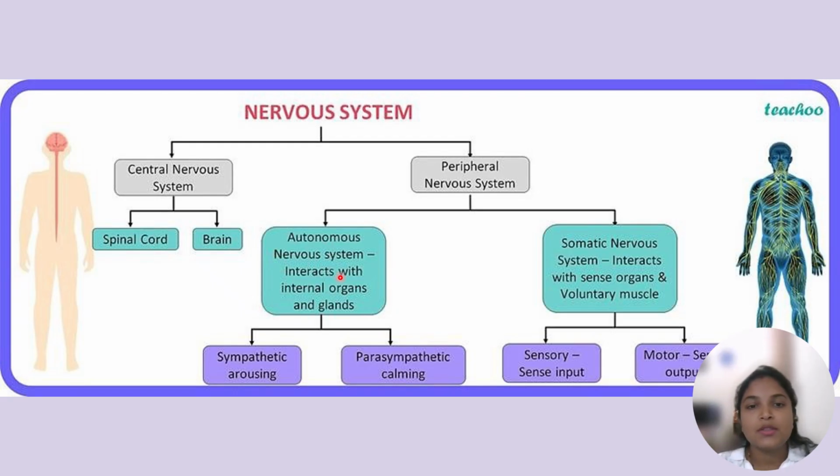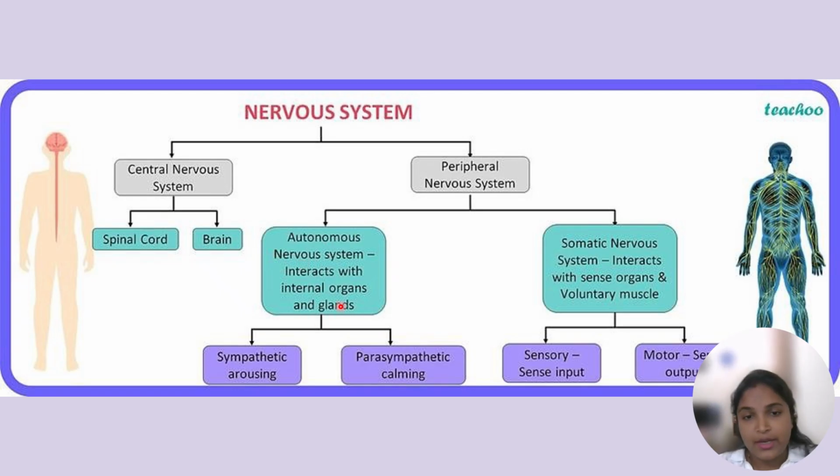Now the autonomic nervous system interacts with the internal environment. You can remember the word autonomic by relating it with the word automatic: the organs that need to work automatically, that do not require our involvement, working regularly on their own. So the autonomic nervous system interacts with the organs or the glands.